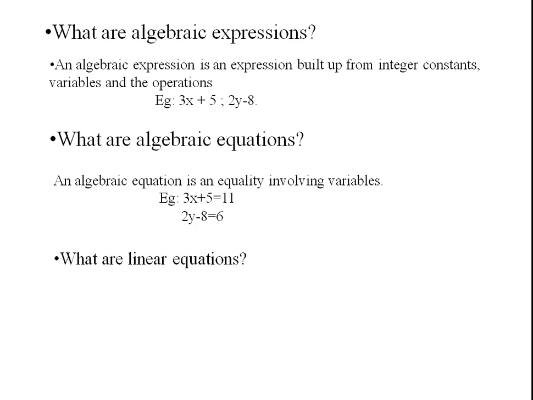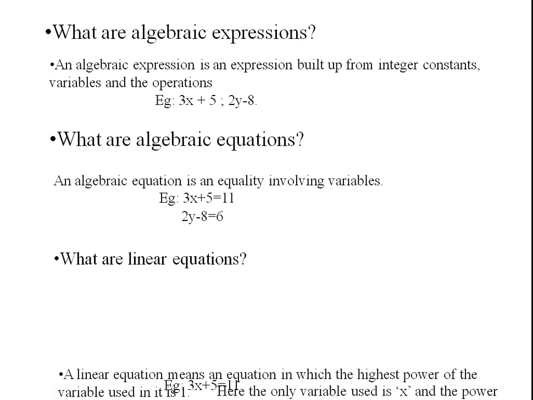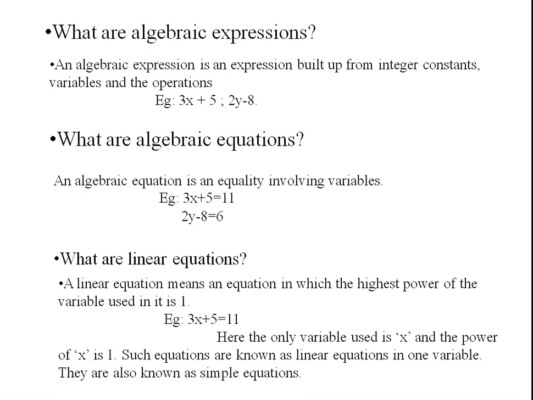What are linear equations? That is the main word in the name of your chapter. Linear equations in one variable. So let us see what are linear equations. A linear equation means an equation in which the highest power of the variable used in it is 1.